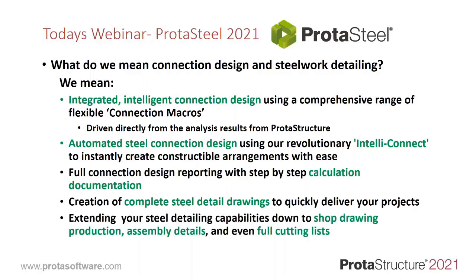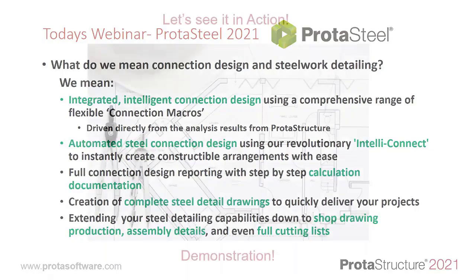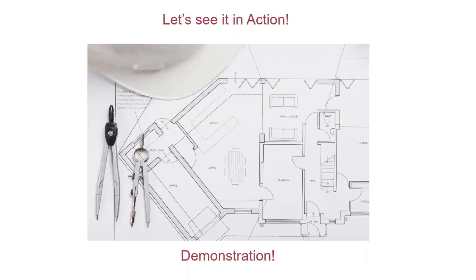Obviously, that's where you spend most of your man hours. And the next thing is the shop drawings, the shop drawing production, the assembly details, and even the full cutting lists. So all this we'll be going through today, hopefully, in the next hour or so. And I'll be trying to show you what we can do with ProtaSteel. So let's see it in action.